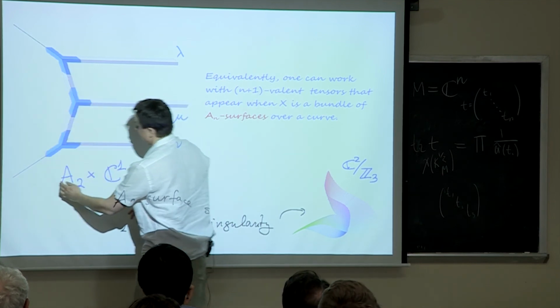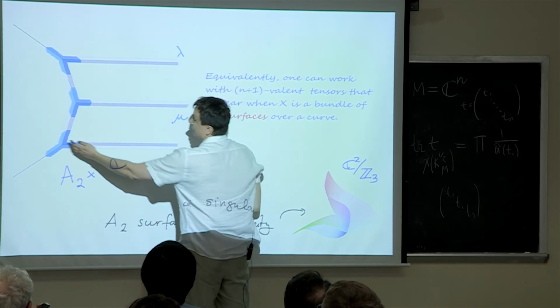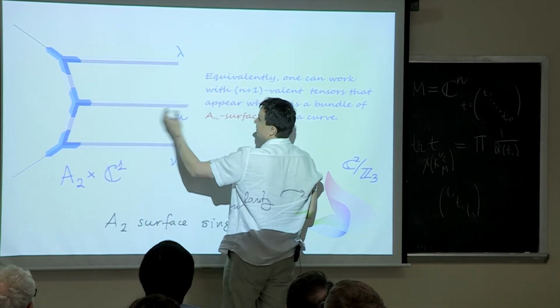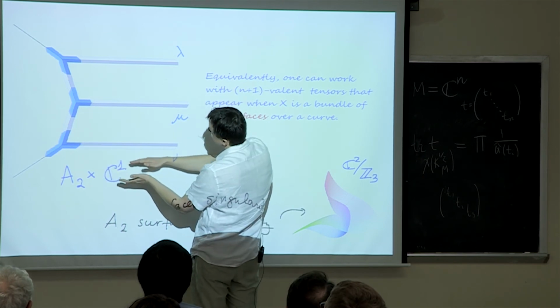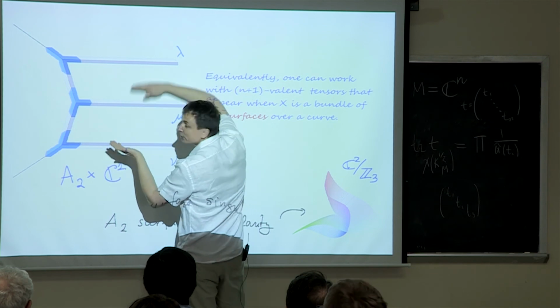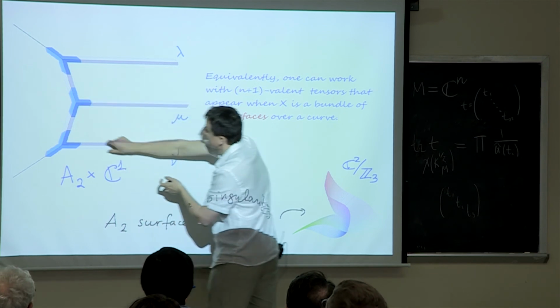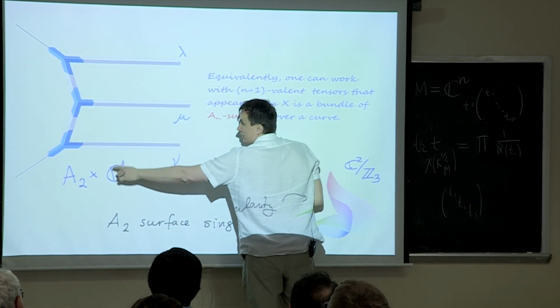And so now if your geometry is that surface cross C1, then you can study one-dimensional curves that look like they have some kind of thickness along the C1 direction.